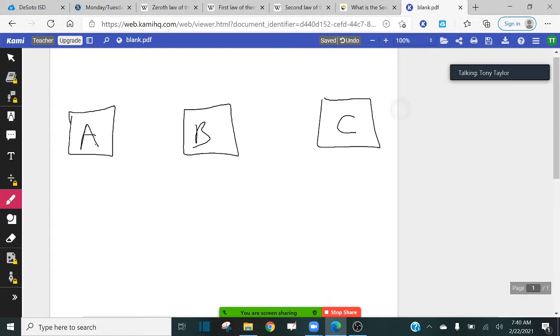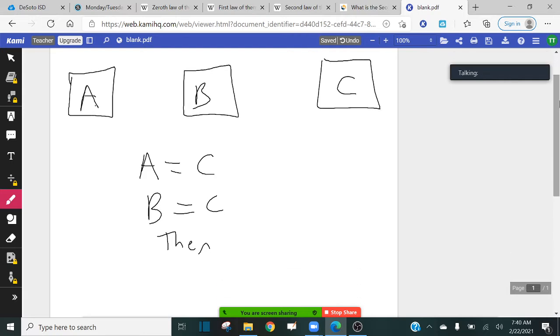The zeroth law of thermodynamics says that if the temperature of A is equal to the temperature of C, and if you know that the temperature of B is also equal to the temperature of C, then you can guarantee that the temperature of A must be equal to the temperature of B.